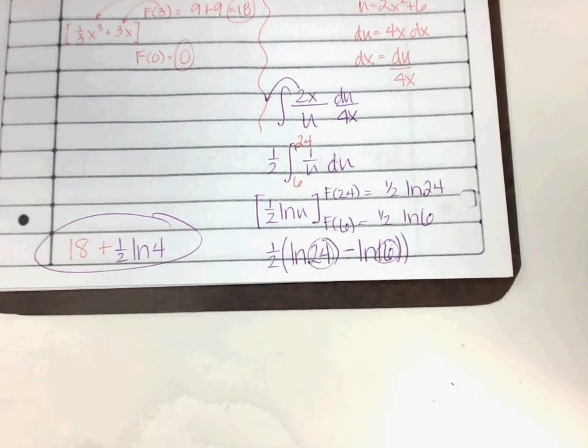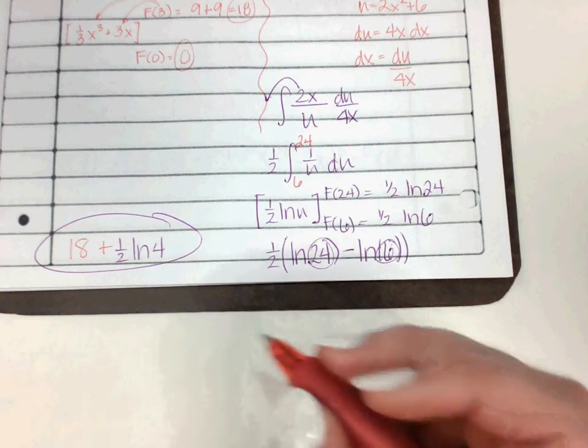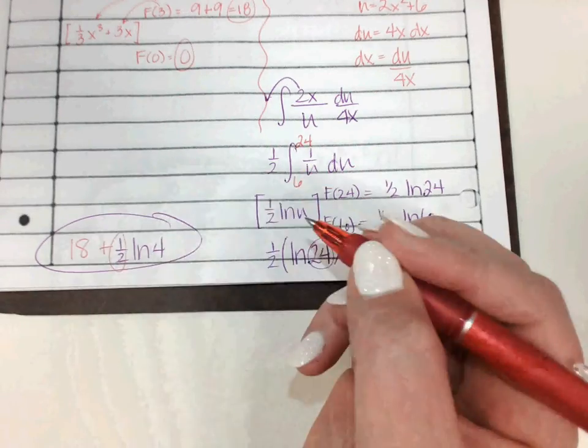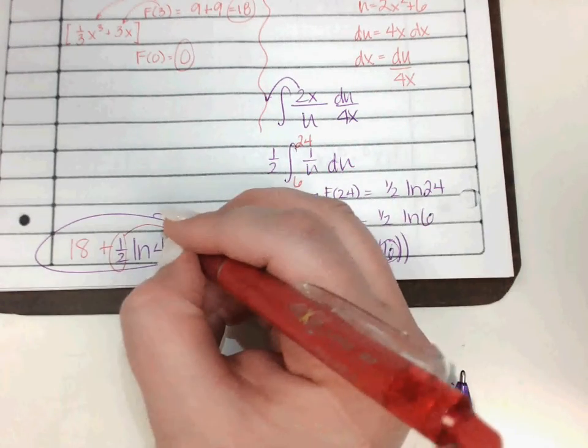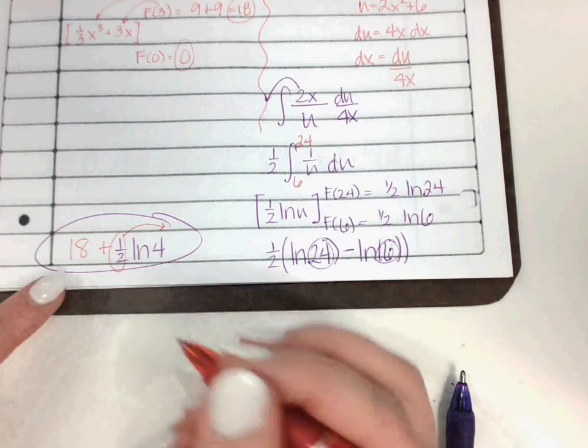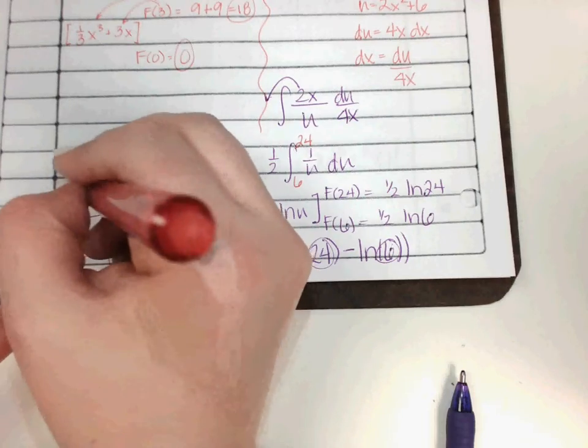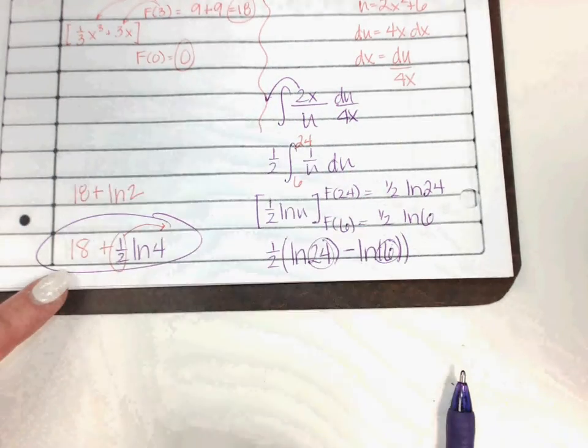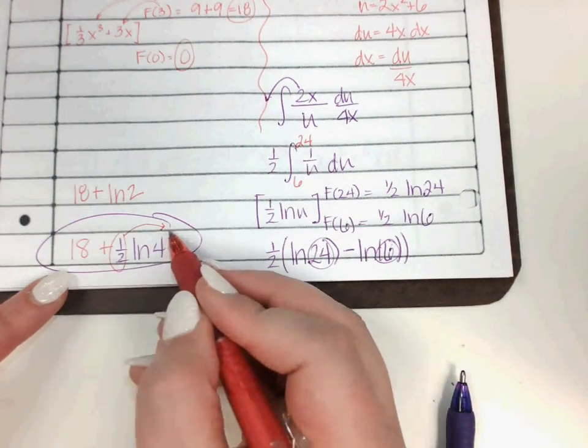Now there's one other really mean thing they could do on the AP test. Probably they wouldn't do it, but just in case, where can this half move with logs? Well, if it's up front, it can move up. And what's a half as a power? Square root. So they could have written this as 18 plus ln of the square root of 4, because if I move a half up here, it turns into a square root.